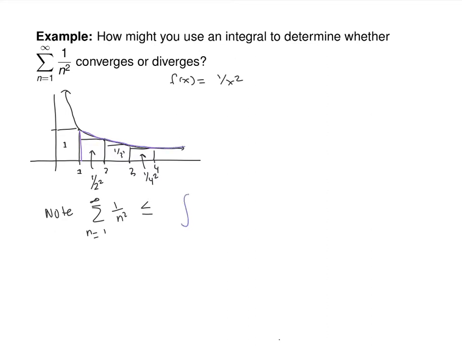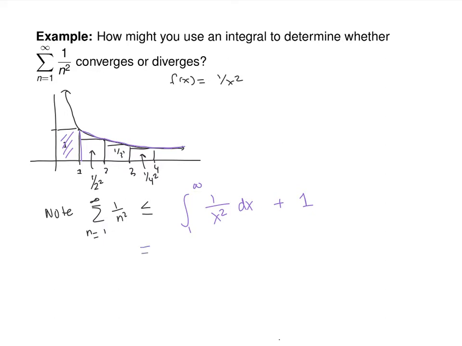So the integral from 1 to infinity of 1 over x squared dx plus an additional 1 for the area of this box. So the sum of your series is less than or equal to this thing. And if you can determine that this integral converges, then it seems logical that this series probably converges too, because it's smaller than a convergent something.